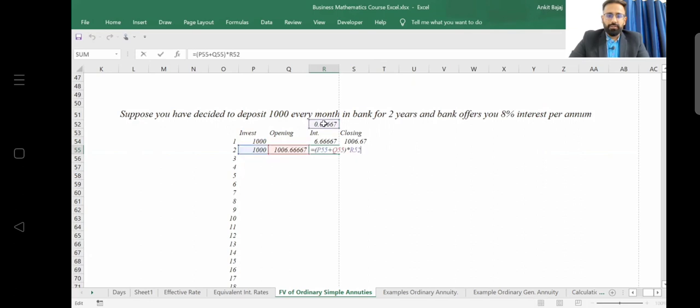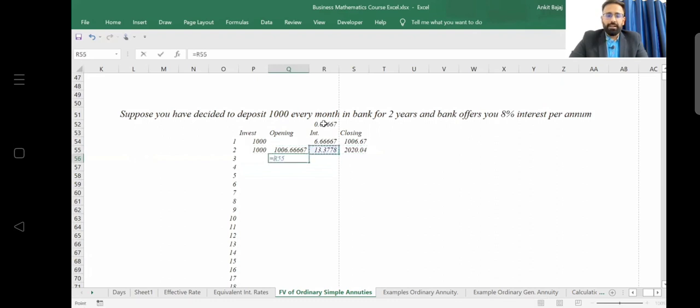Your interest amount is now 13 rupees here. Now you have to freeze the value here so this will remain constant. Closing balance is going to be the total of this plus this and this. I will copy the data and we will see what result we are getting.